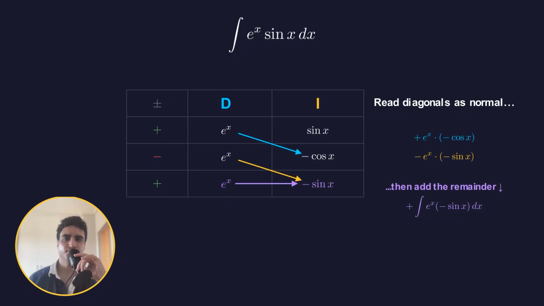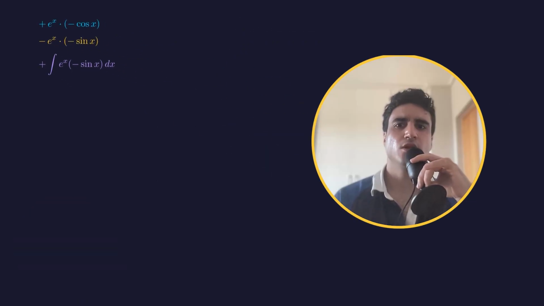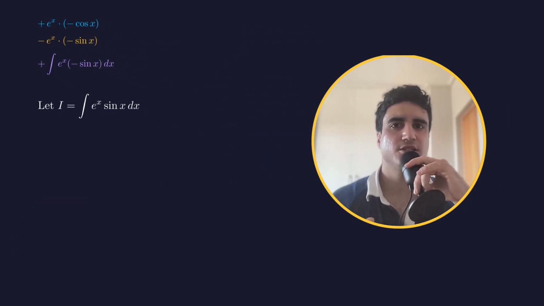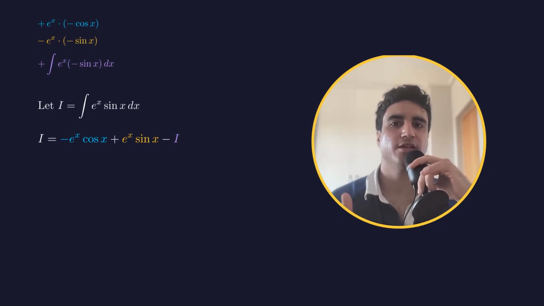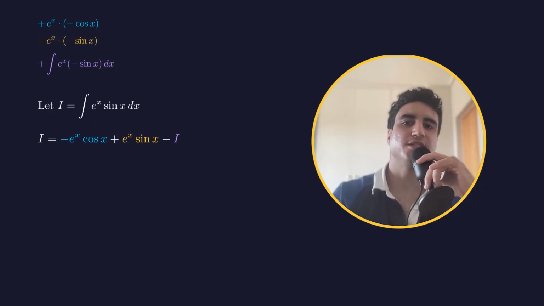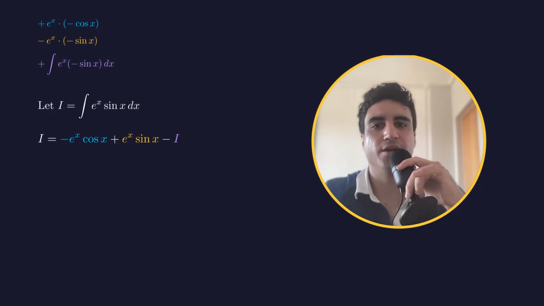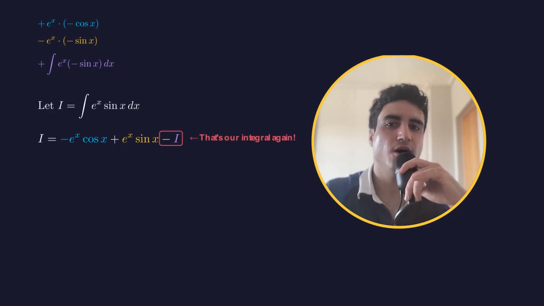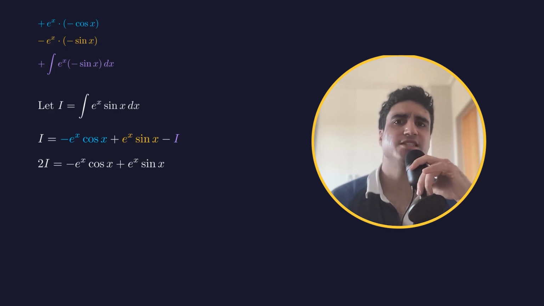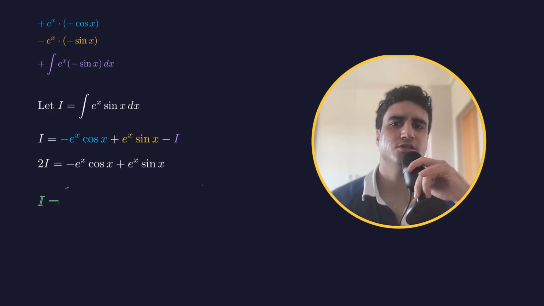The integral of e to the x sine x dx equals negative e to the x cosine x plus e to the x sine x minus the integral of e to the x sine x dx. If we let the integral of e to the x sine x dx equal I, we can flip this over, and so we get 2I equals negative e to the x cosine x plus e to the x sine x.